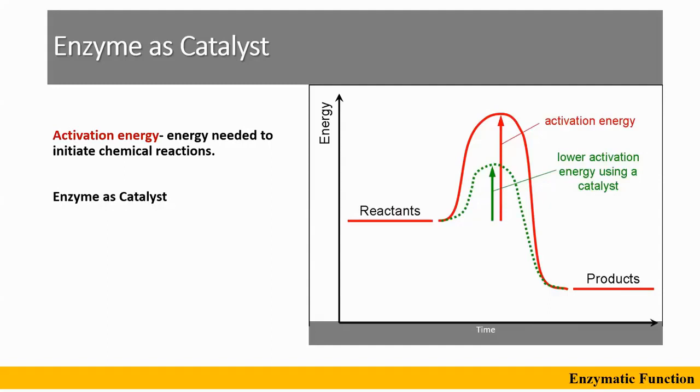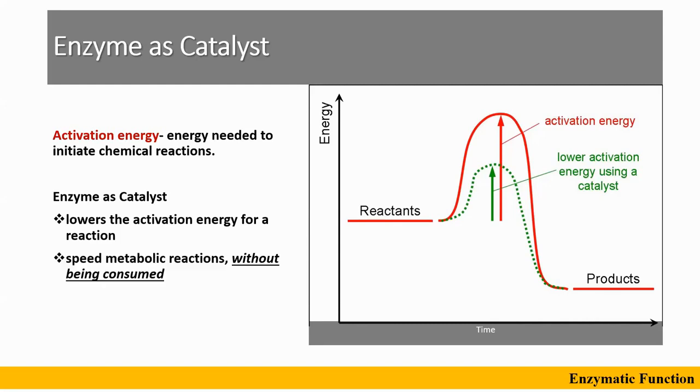The function of enzyme as catalyst is to lower the activation energy and speed up the rate of the metabolic reaction. However, the enzyme itself is not consumed in the chemical reaction.